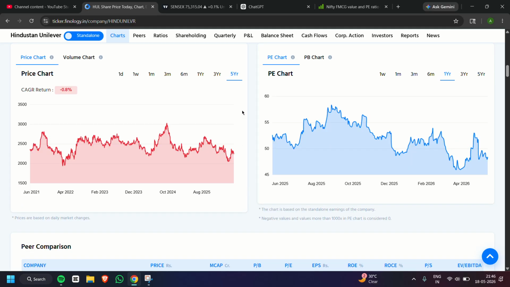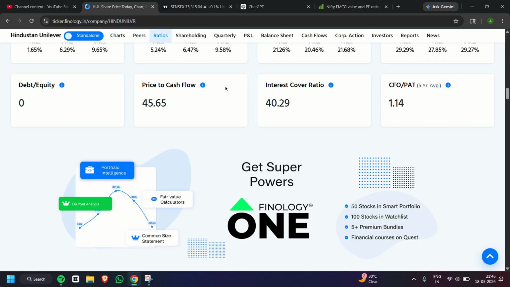Okay, so as we are on the price to cash flow ratio, interestingly, in Hindustan Unilever, if you want to earn 1 rupee from that particular company, then you have to pay 45.65 rupees. You have to put 45.65 rupees into that company to earn just 1 rupee.